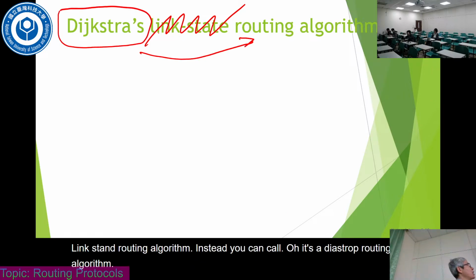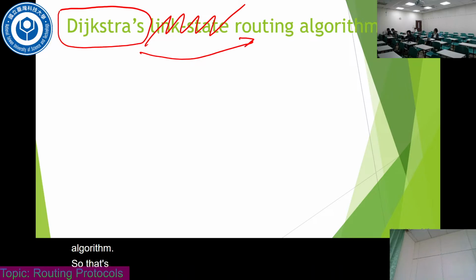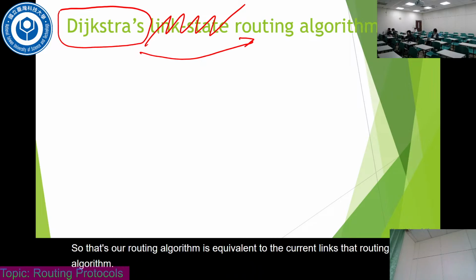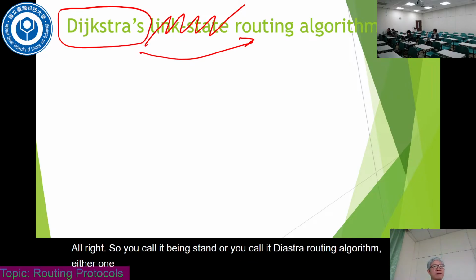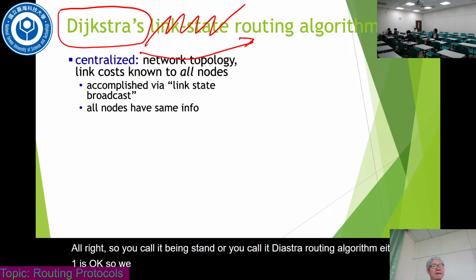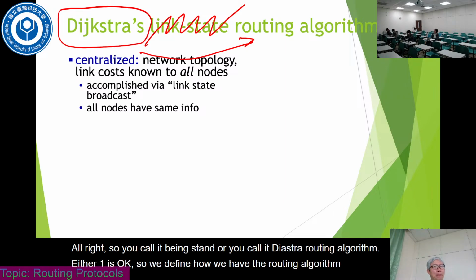The Dijkstra routing algorithm is equivalent to the link state routing algorithm. Either one is okay.